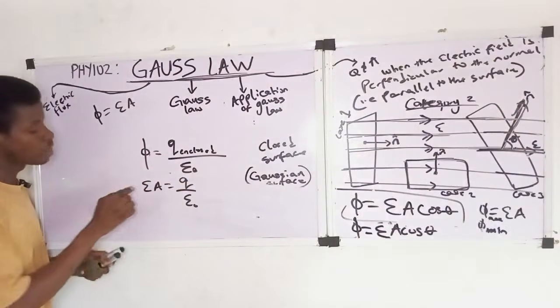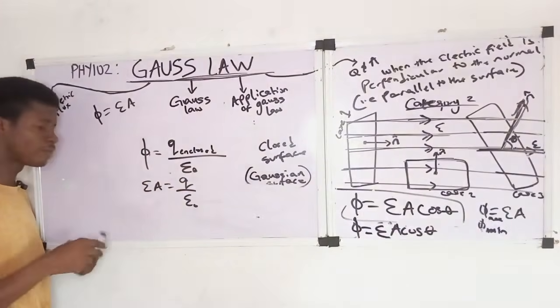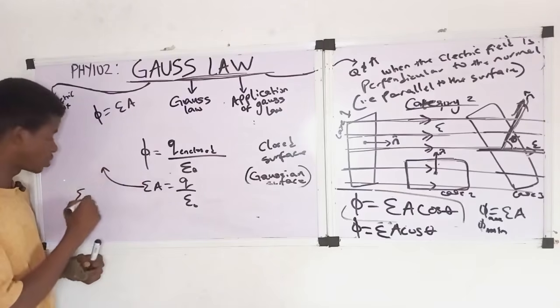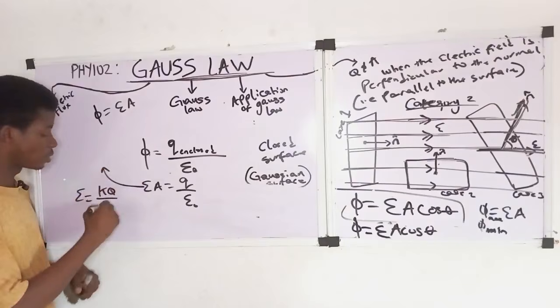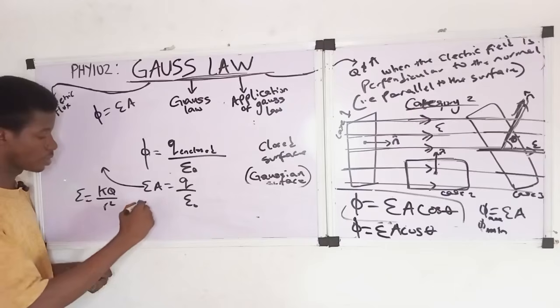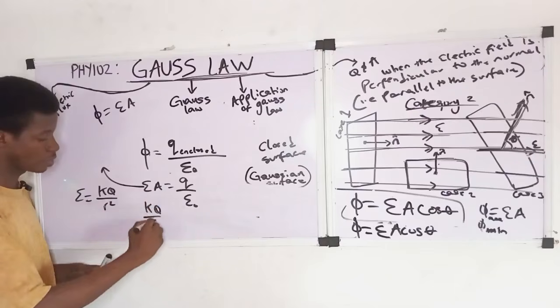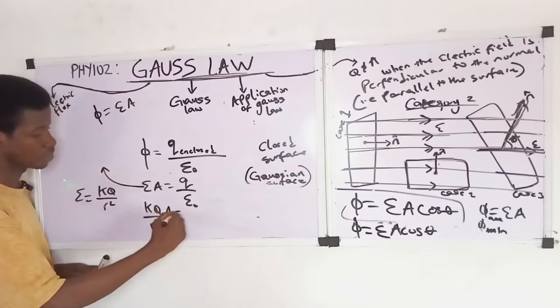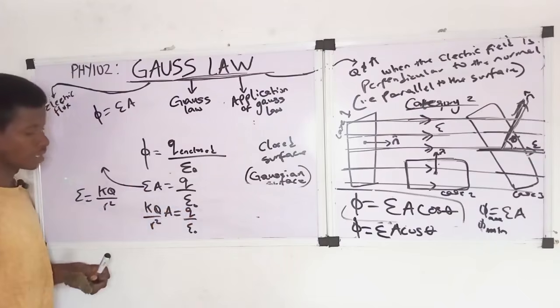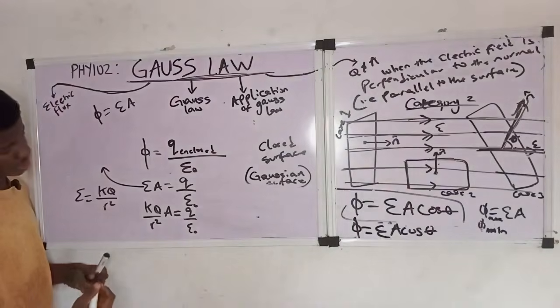Now, we know from electrostatics that electric field is equal to kQ over r squared. So in place of E, we put kQ over r squared, then times area is equal to the charge enclosed divided by epsilon naught.